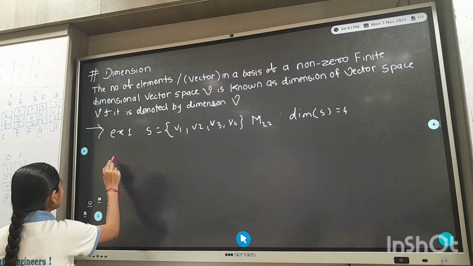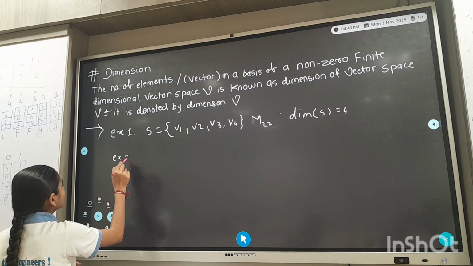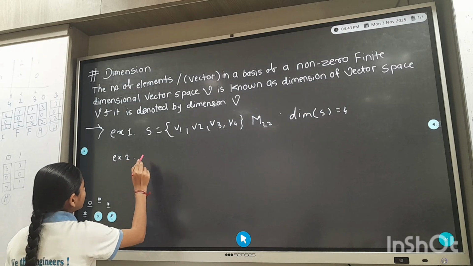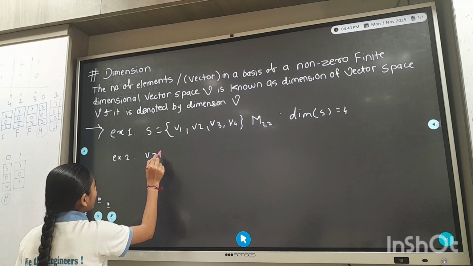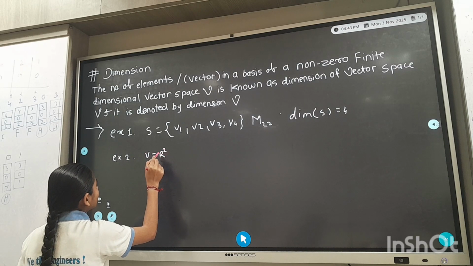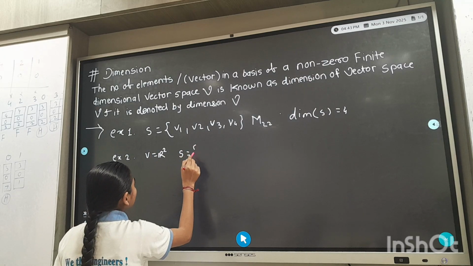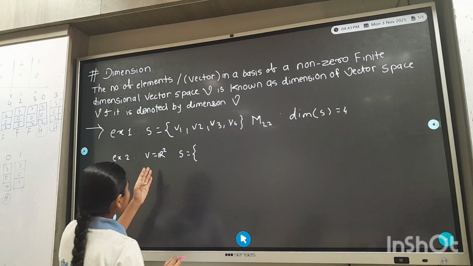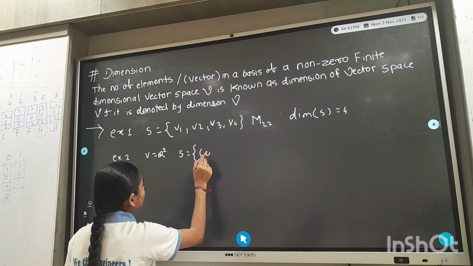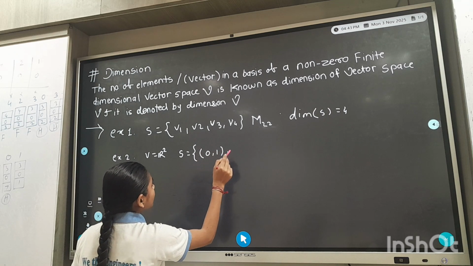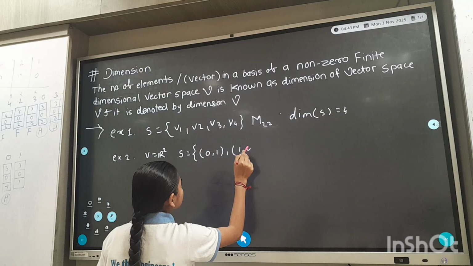Let's see the second example of dimension. V equals R square, S equals the elements of R square, which are (0, 1) and (1, 0).